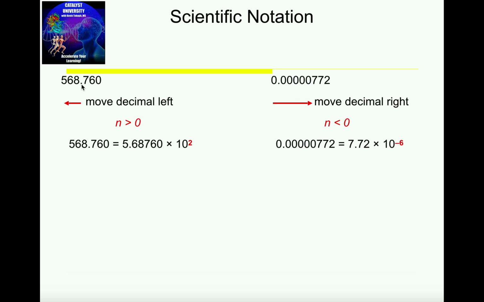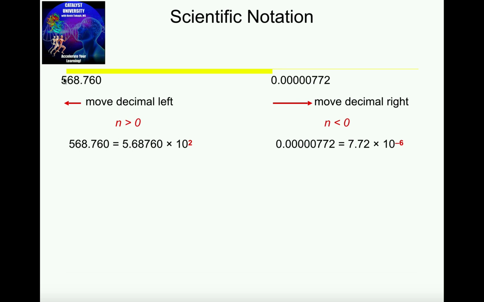We have to pay attention to whether or not we're moving the decimal point to the left or to the right. So let's imagine moving this decimal point over. So we have one place over, and then we're going to move it a second place. So I only have to move it 2 spots to the left to get it right after this 5. And if you imagine the number that I would get when I move it over 2 spots, it would be 5.68760, right?